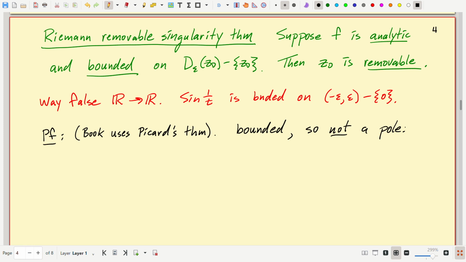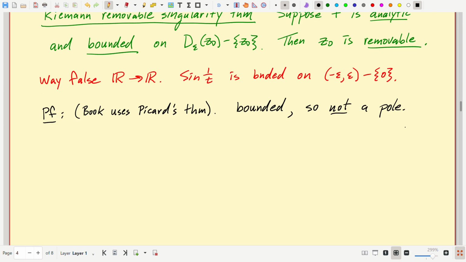And bounded, so it can't plaster the whole complex plane, as in Picard's big theorem.